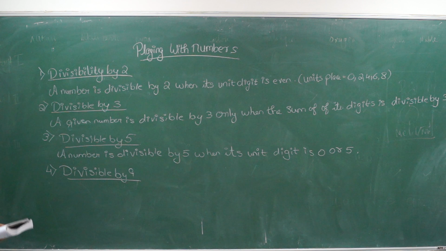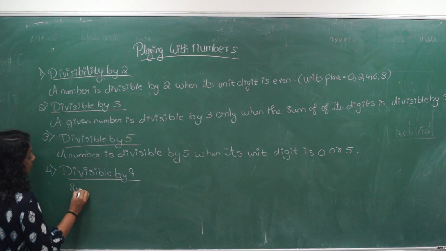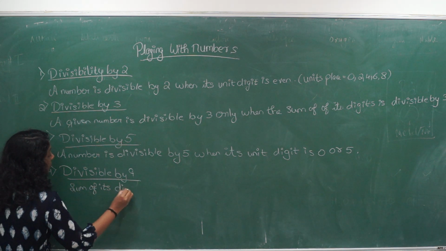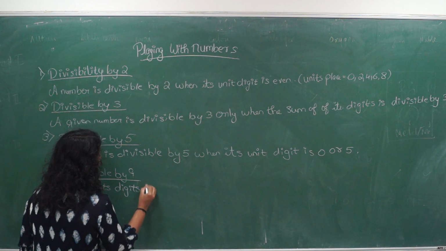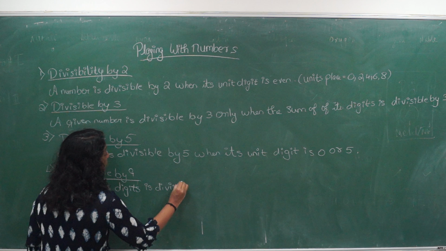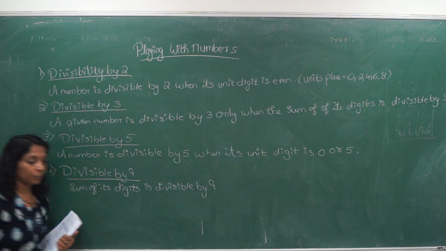A number is divisible by 9 if the sum of its digits is divisible by 9. If this condition is satisfied, we can say that the number is divisible by 9.